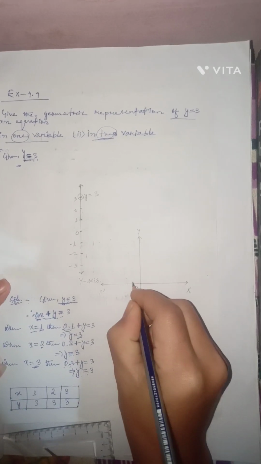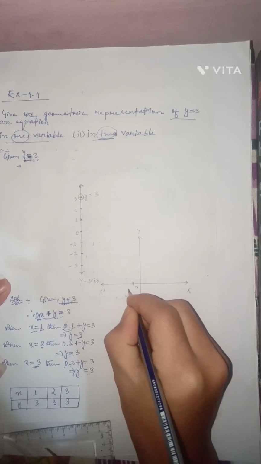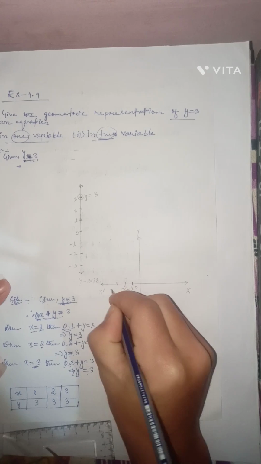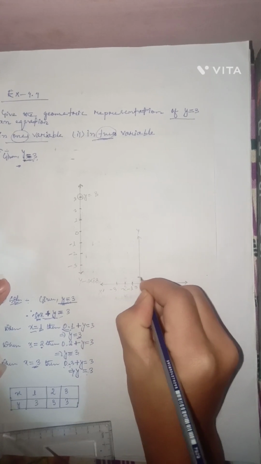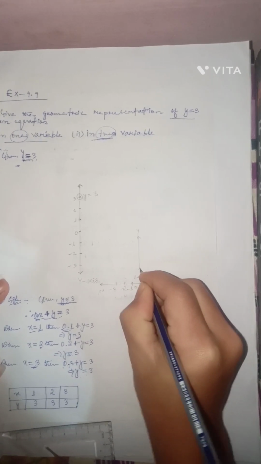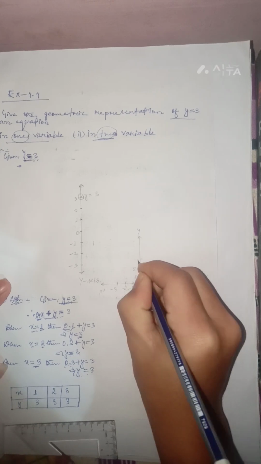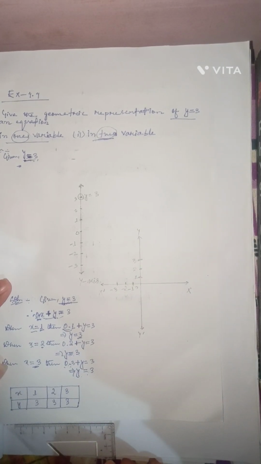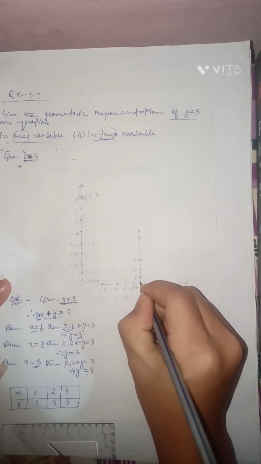This is the y-axis and this is the x-axis, and here it is the origin. Now let me mark this as -1 unit, and this is -2, and this is -3. And even on the upper side, let me mark 1, 2, 3.